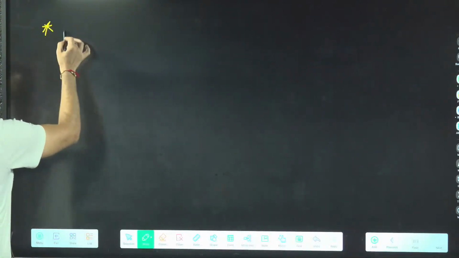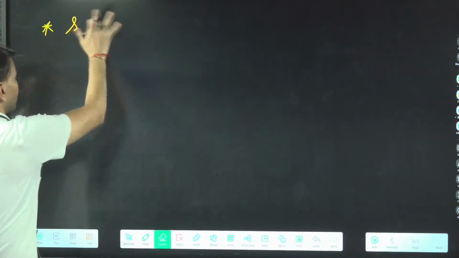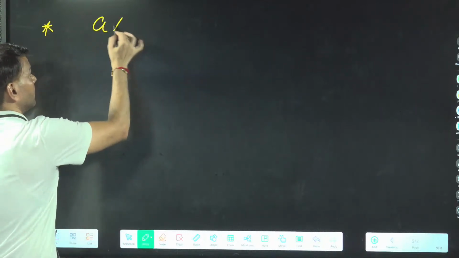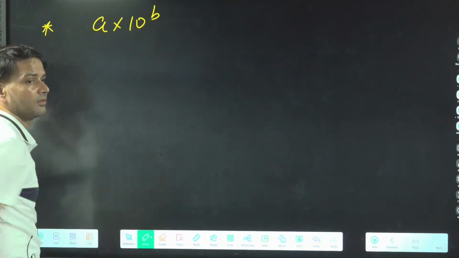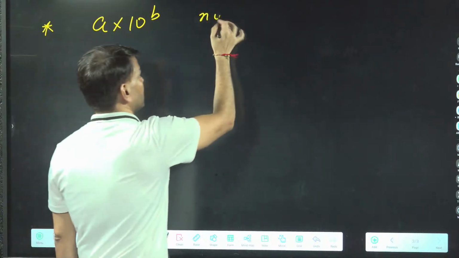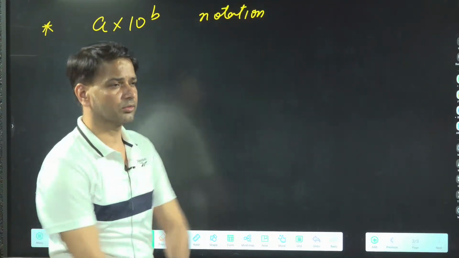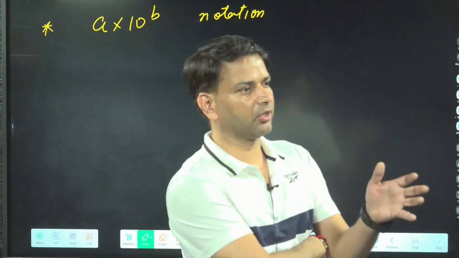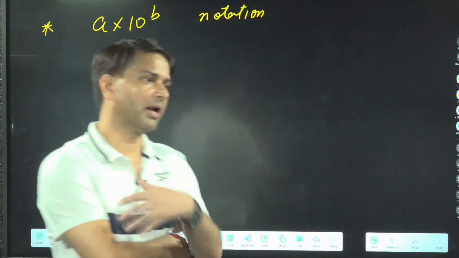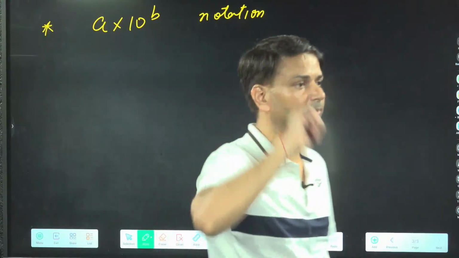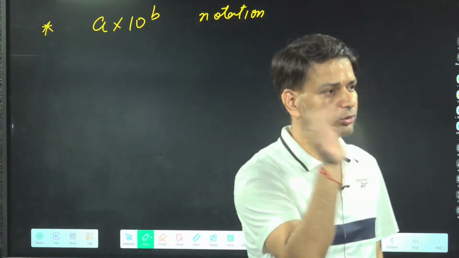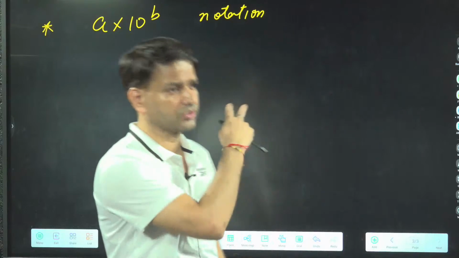Now next is scientific notation, that is A into 10 to the power B. Sometimes we have a very large number or very small number, like the mass of the earth, which we write in the order of 10 to the power 24. We cannot put 24 zeros, so that's why we use this notation.